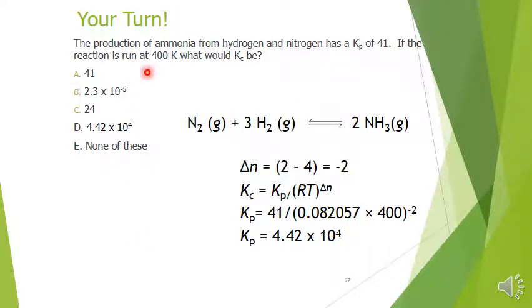All right, try another one of these. So here's our equation. The N goes from a product, so there's 2 of the product, and there's 4 of the reactant. There's a 1 in front of the N, and there's 3 here, so product minus reactant, so the minus 2 is the change.